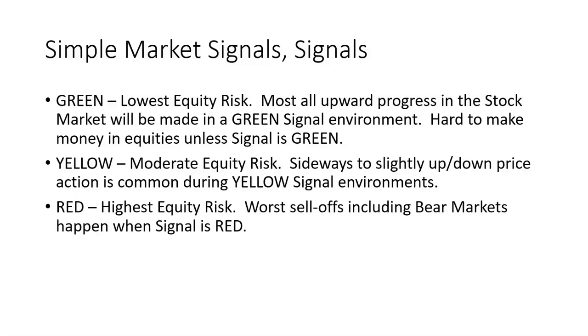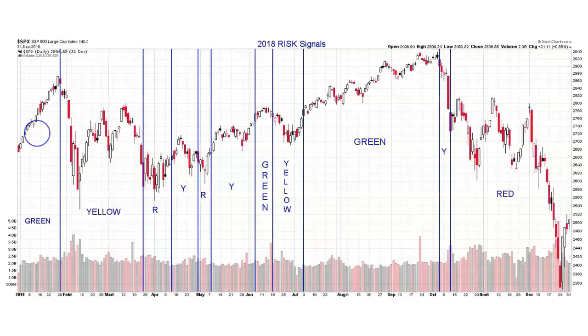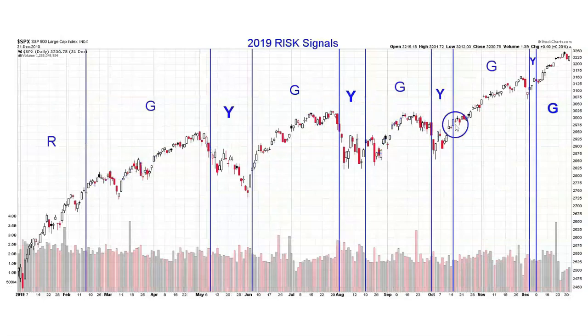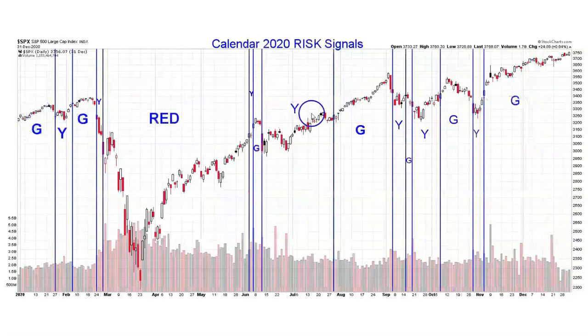The red signal has the highest equity risk, and the worst sell-offs, including bear markets, will happen when the signal is red. A quick review of the risk signals. The green signal is the best risk-reward ratio signal for equity investors, and most upward progress in the stock market will happen in a green signal environment, as we see here.